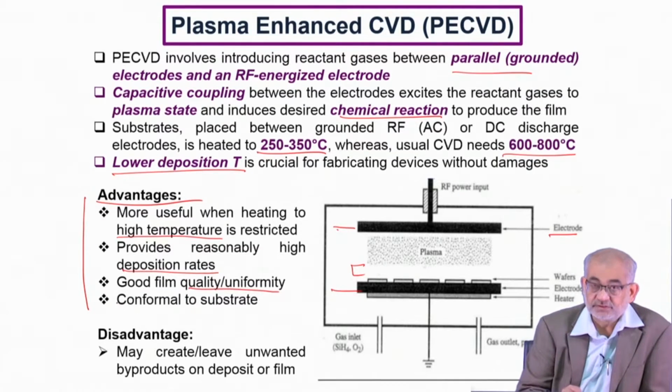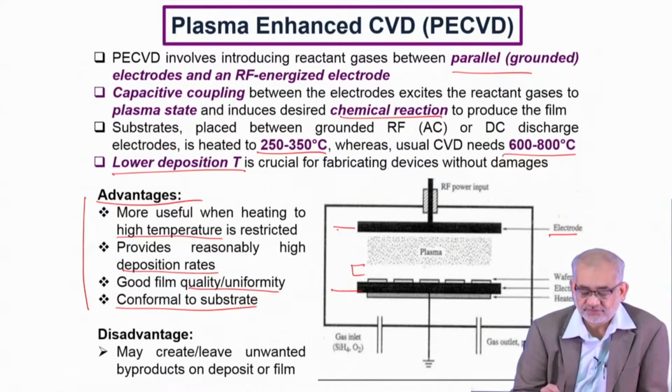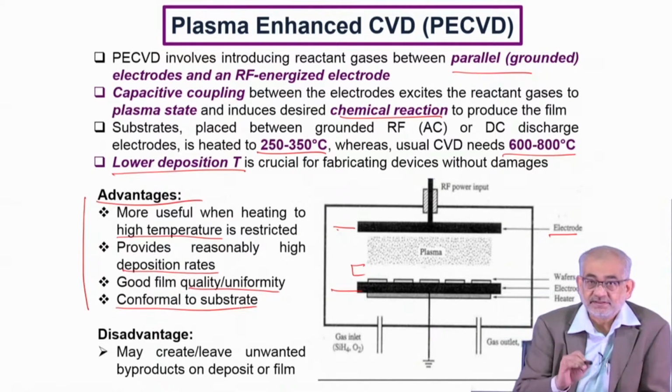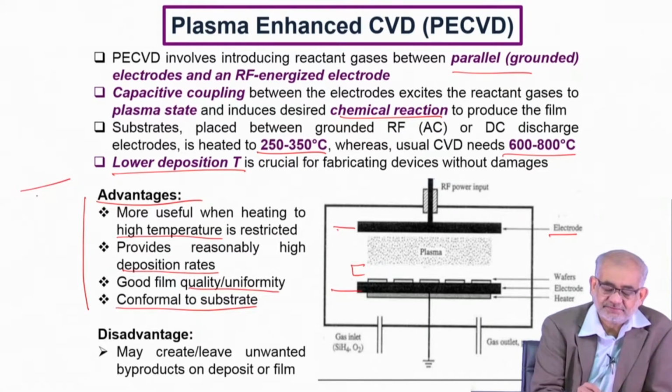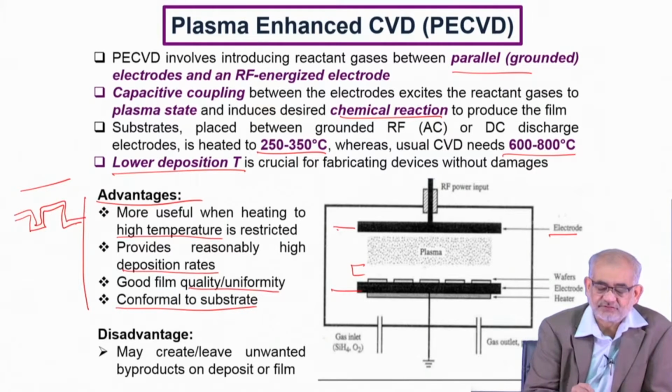And overall, the deposit that you form is much more conformal to the substrate, meaning dimension wise, contour wise, whatever you deposit will exactly mimic it. So if you have a flat surface, there's no problem, but if you have a rough surface, the deposit that you form will also be fairly conformal to the substrate.